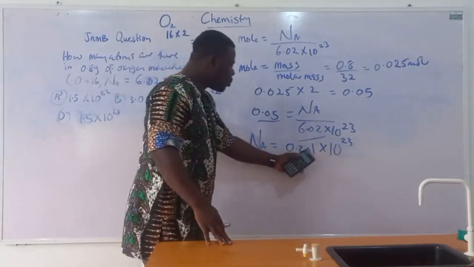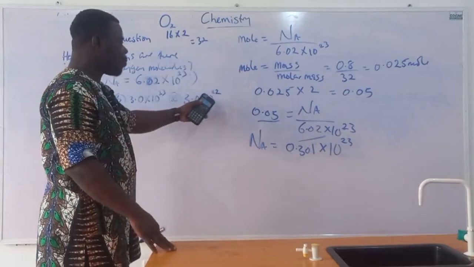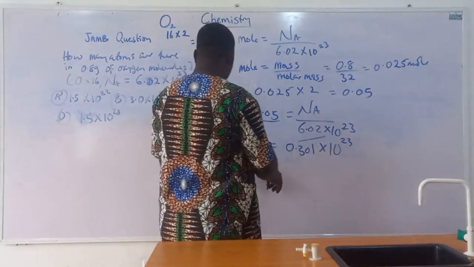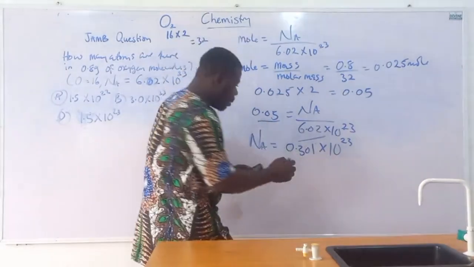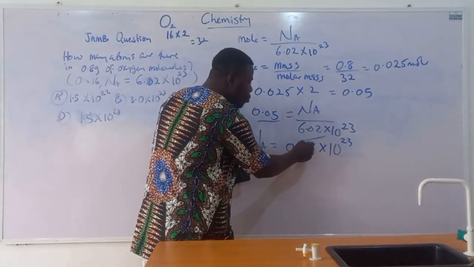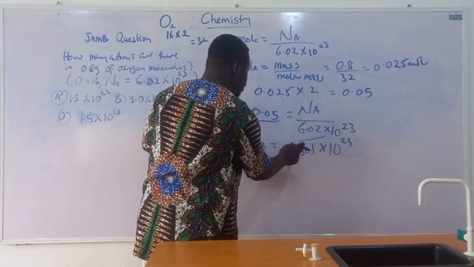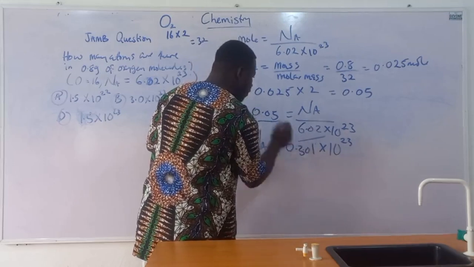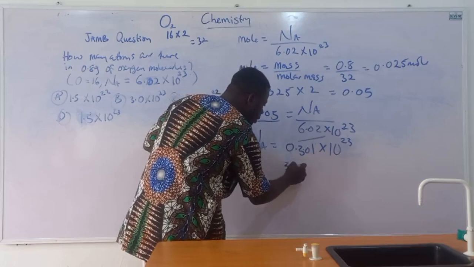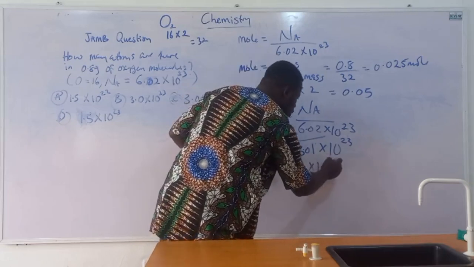Now, if you look at these options, you see that we have options like this, and this is the answer we got. So what did they do? Look at me. Now this point, we want to move it here, right? So this will now become 3.01 times 10 raised to power 23.